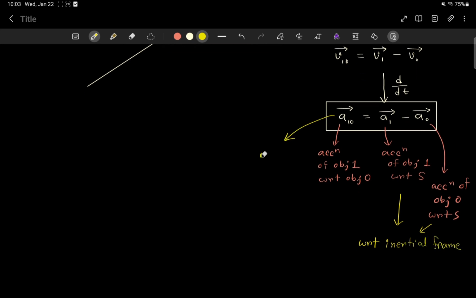Only this one is with respect to object 0, which is a non-inertial frame.